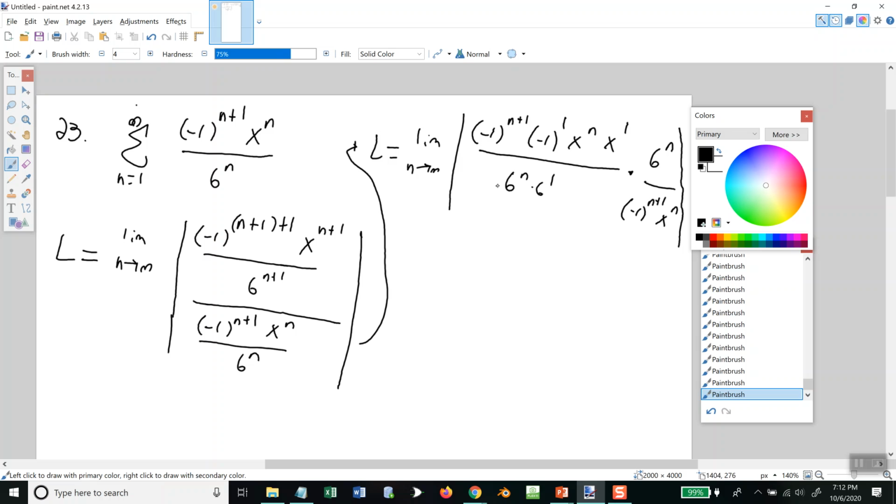Now, the reason why I split that up kind of weird like that, I rewrote this up here, n plus 1 plus 1, which is n plus 1, and then a plus 1, that gives me n plus 2. And that's what this one gives me, right? If I go backwards. But I wrote it that way because I noticed I had a -1 to the n plus 1 down here. So then that will cancel with that. The x to the n's cancel. The 6 to the n powers cancel.